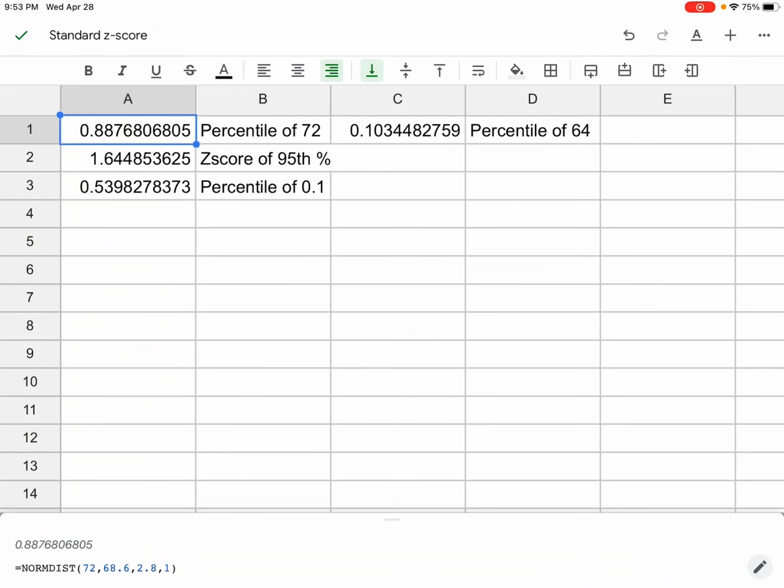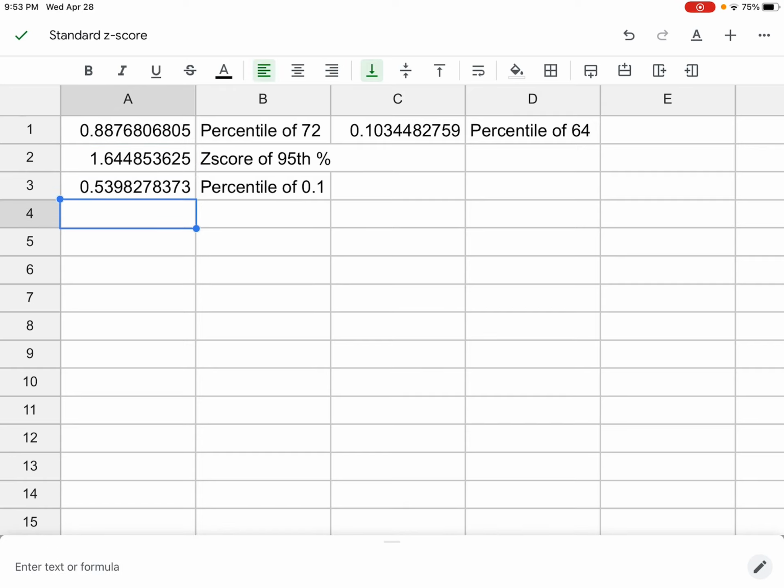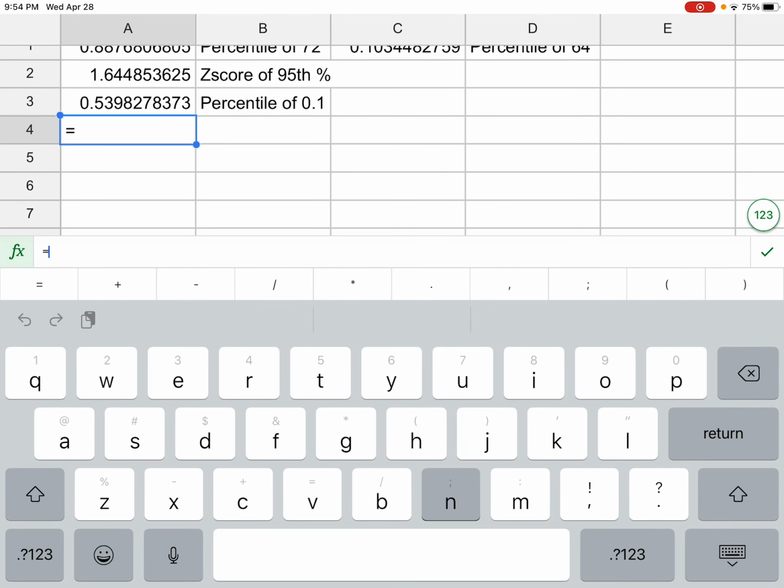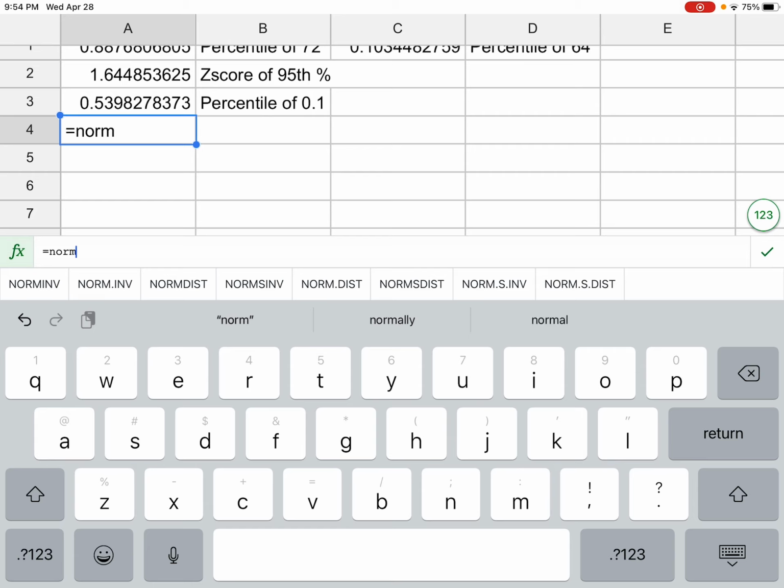All right, and again, if I go over here, I think I did this one here. Yeah, so I typed in a formula, and all these formulas are a little bit different. You've got to figure out which one you're working with. If I want to do an inverse, where I know the percentile, notice I typed in norm. And by the way, you can just double click and start with that equal sign, and then you just type norm, right?